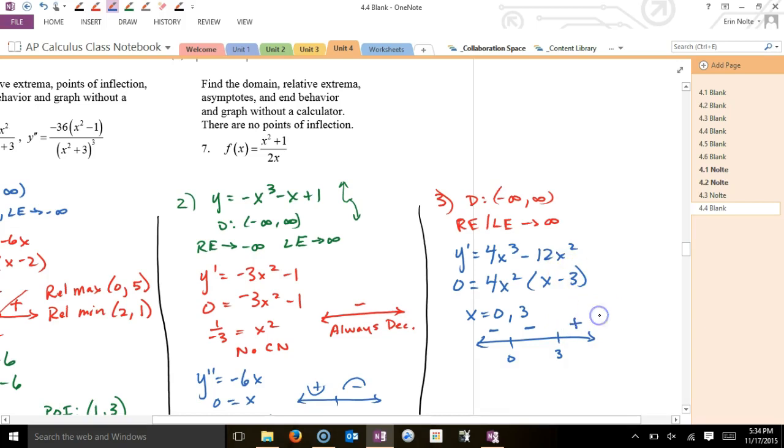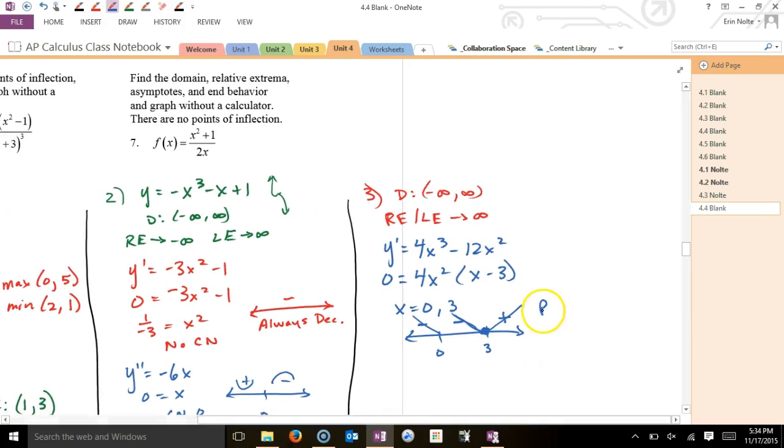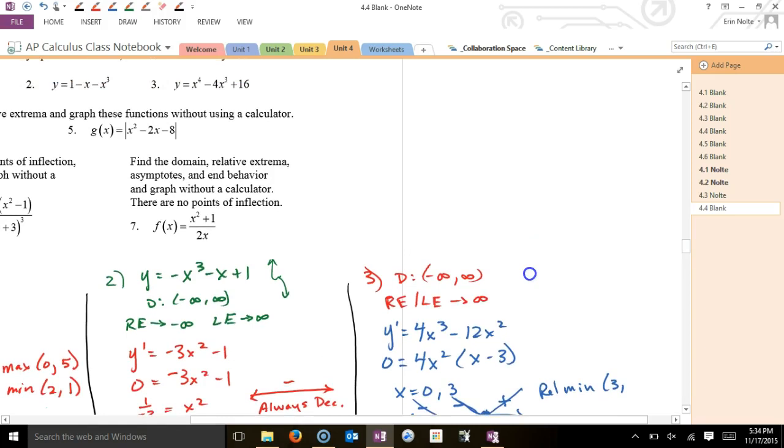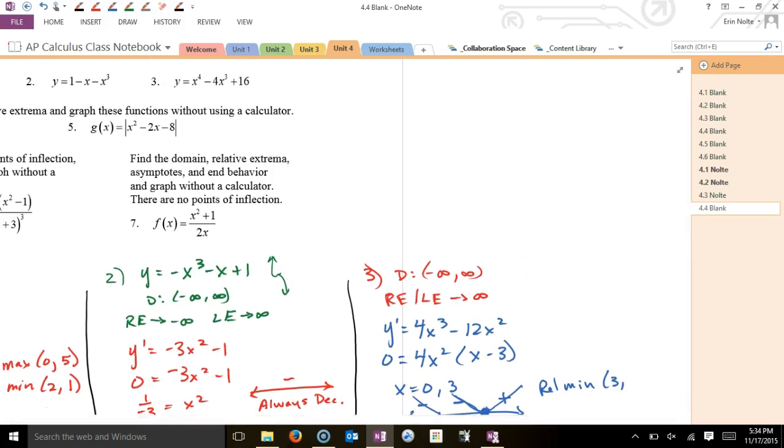So that's going to give us a positive. Okay, so we got negative, negative, positive. So we got right here a relative min at 3. So if I plug 3 into our original, let's see.